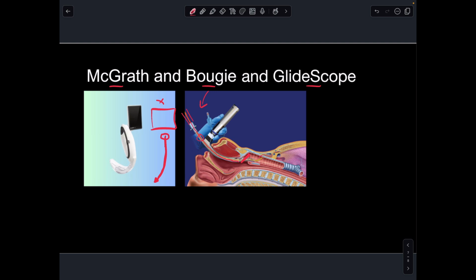The tip of the bougie, which you can see here, is angulated anteriorly. So you pass your bougie down like this, and it's angulated up, and hopefully that helps direct it into the trachea, just like is shown in this diagram.